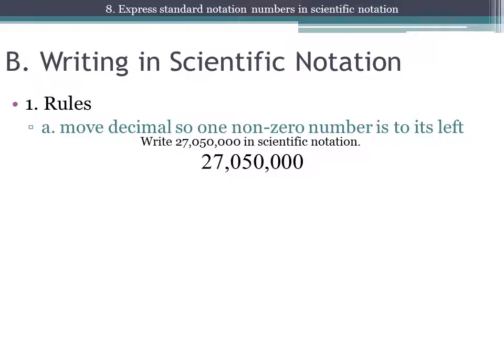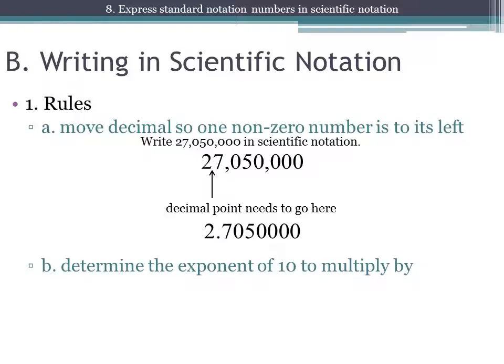The decimal point needs to be moved to the left so that there's only one non-zero digit to its left. In this case, that would be the 2. So the decimal point is going to go between the 2 and the 7, becoming 2.7050000. However, that wouldn't be the number in scientific notation, because obviously 2.705 is very different than 27,050,000.